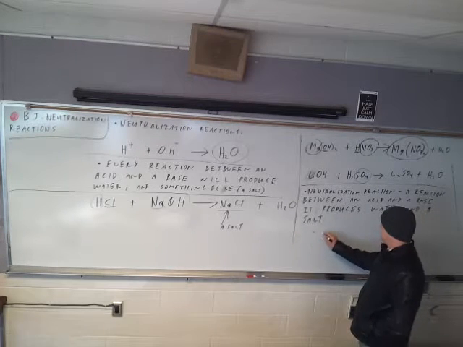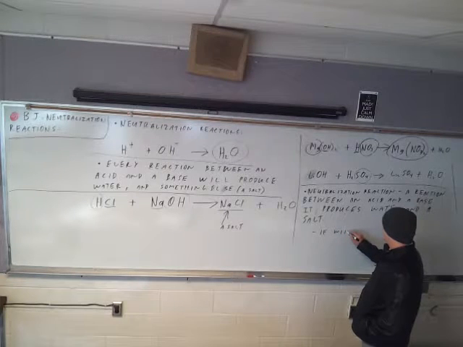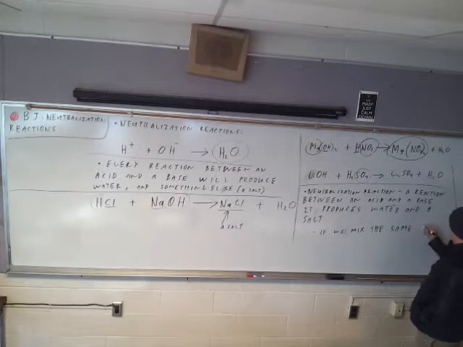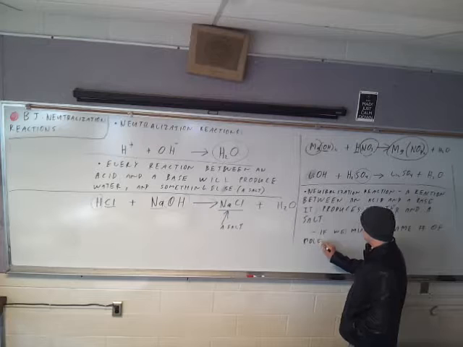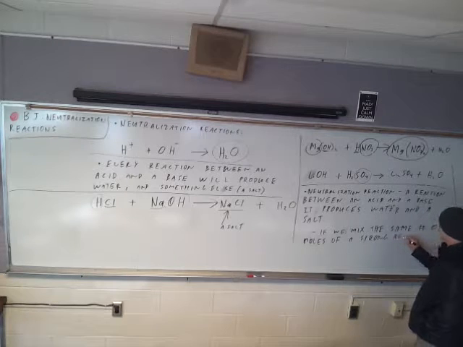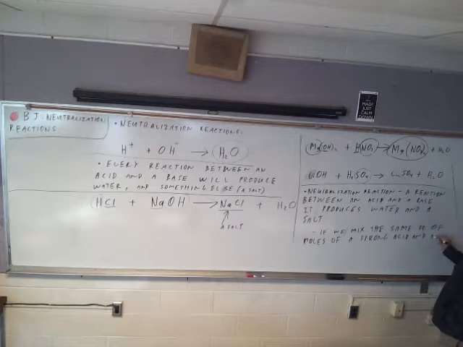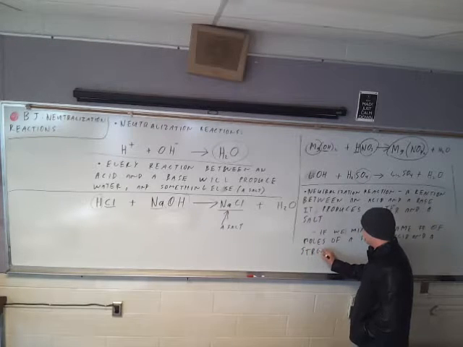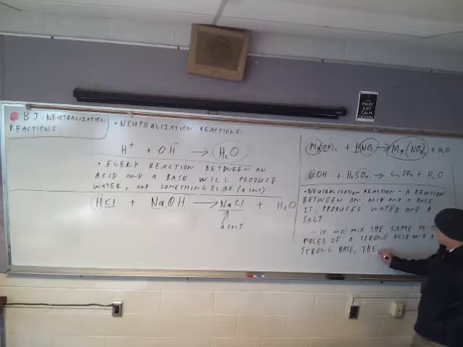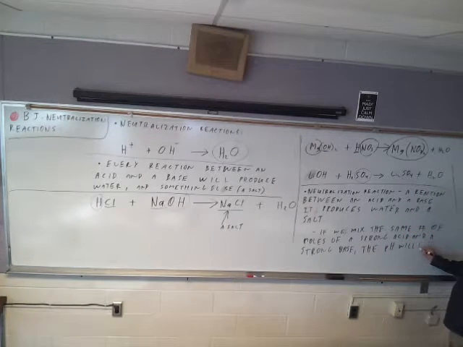And one final note here, if we mix the same number of moles of a strong acid and a strong base, the pH will be the same amount of a strong acid and a strong base.